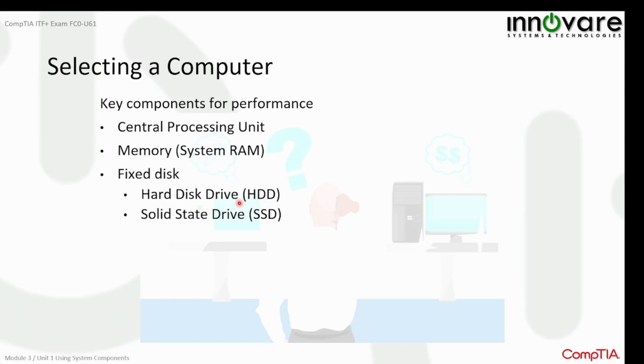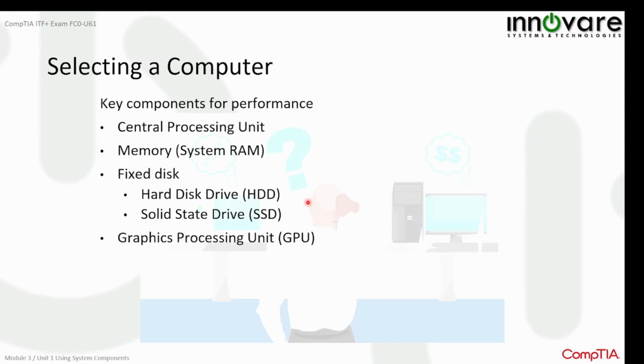So selecting the right hard disk drive from the capacity, and then be aware of the specification ratings that we need to look at in line to the performance that we're trying to achieve sa isang computer.